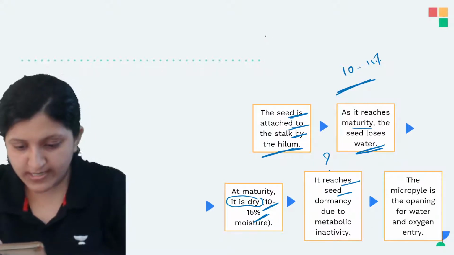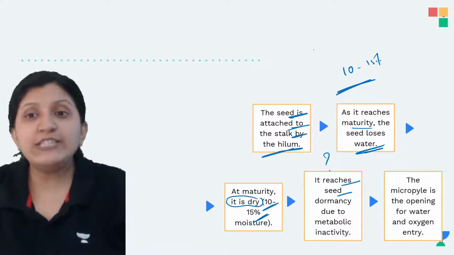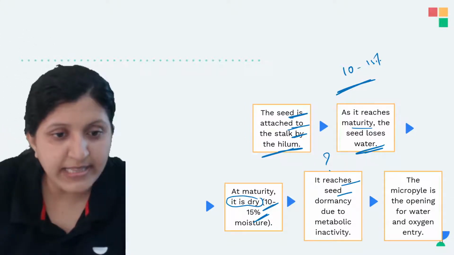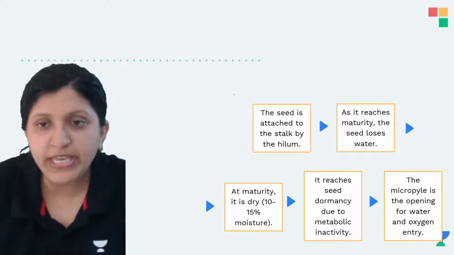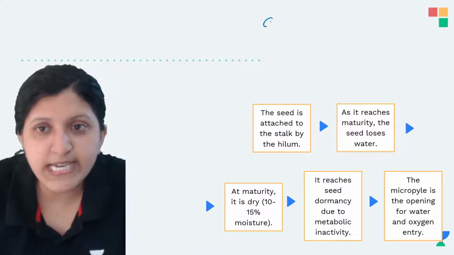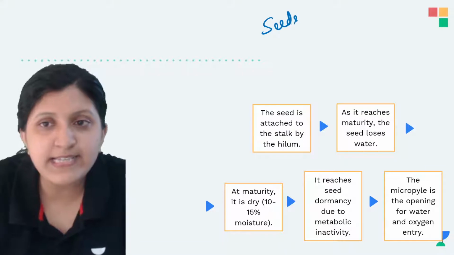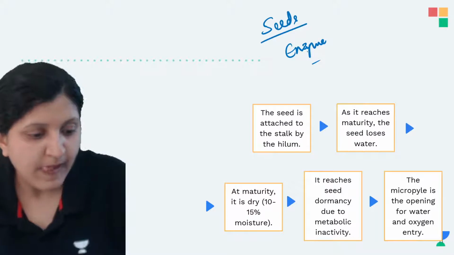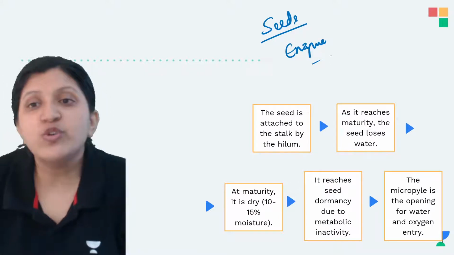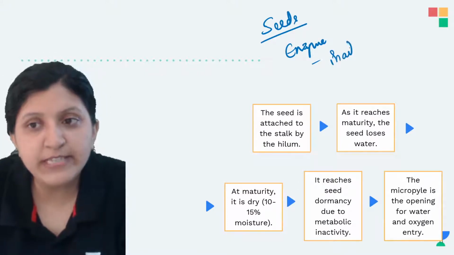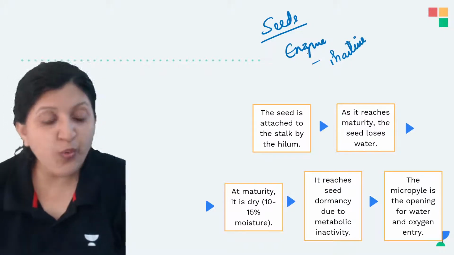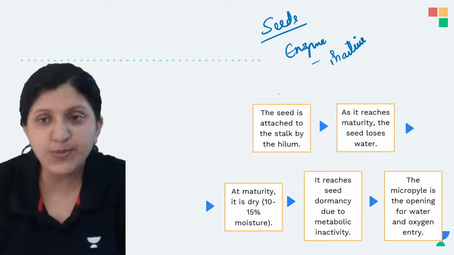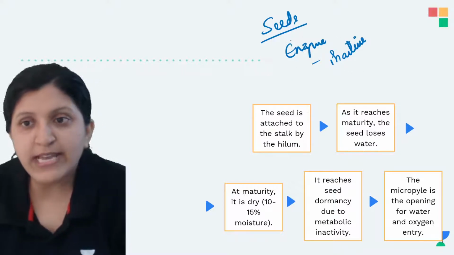Basically, inside the seed there are lots of enzymes which have remained inactive, and we don't want those enzymes to remain inactive. So in that case, suitable conditions are provided so that the enzymes get activated.